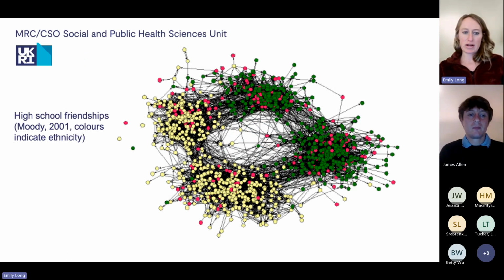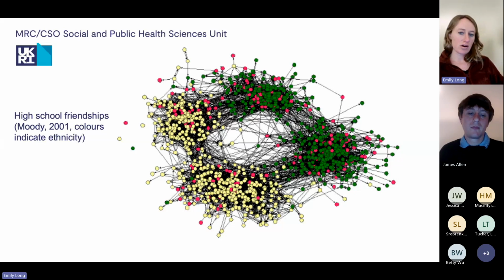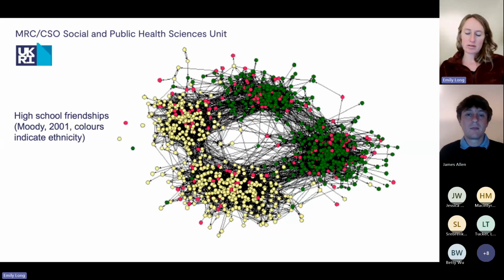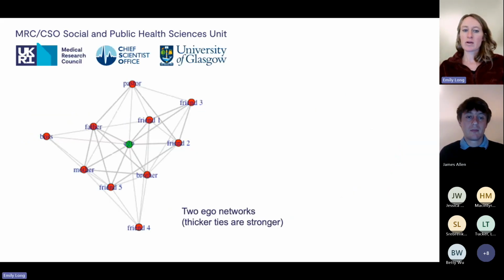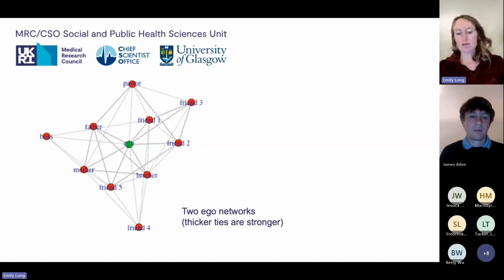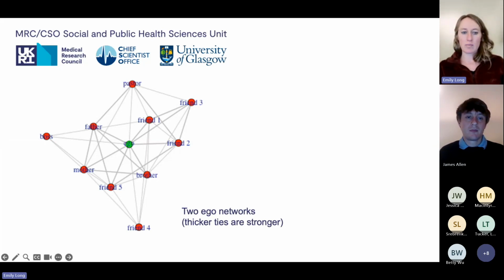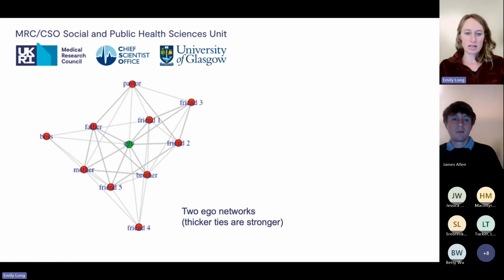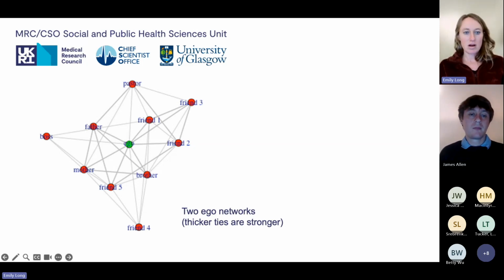And then there's a lot of research on secondary school students or high school students. These are ethnicity-segregated networks. And then there are also ego networks, which I will describe in a few slides, which are just from the perspective of one individual. We have this ego in the middle, and you ask them to name the important people in their lives or their friends, and they list all of these people around them, and you can tell where their friends are, where their family is, where other more external people are.